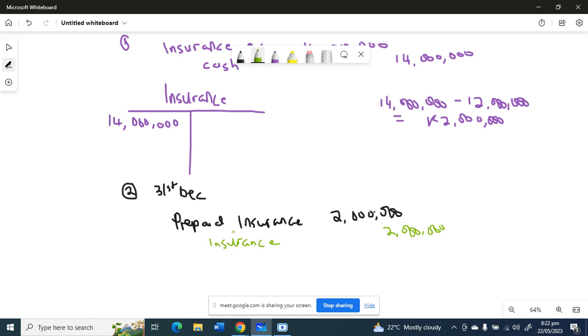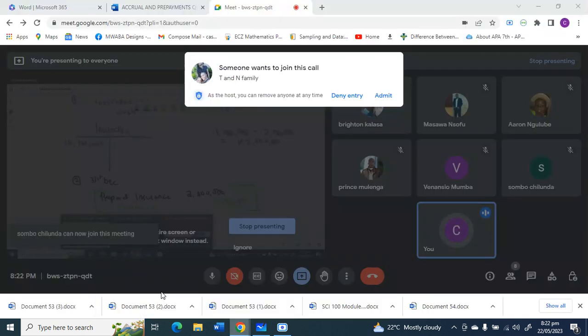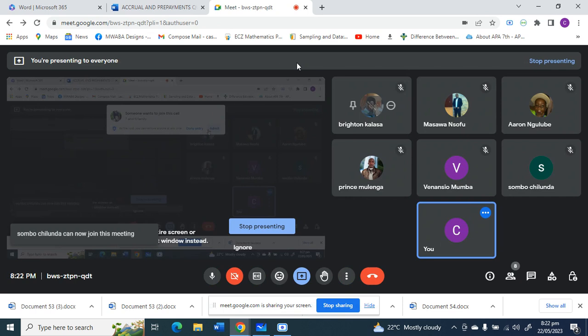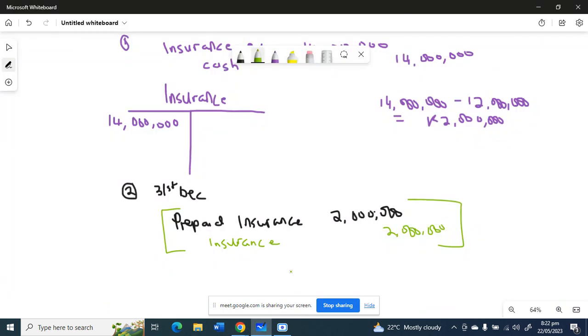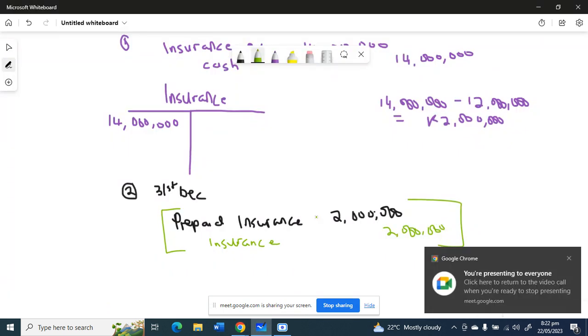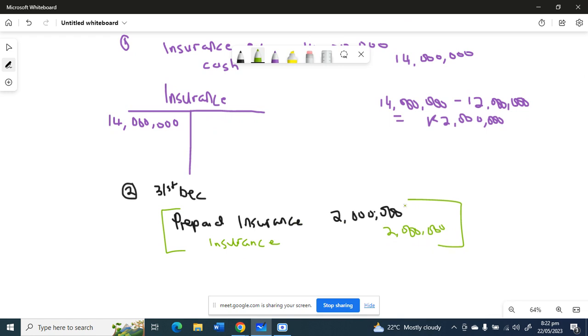Now, this journal entry is going to show what happens in the statement of profit or loss and also in the balance sheet. By debiting prepaid insurance 2 million, we've recognized our current asset. So on the balance sheet extract, which the question wants you to show, under current assets, you're going to say prepaid insurance, 2 million.